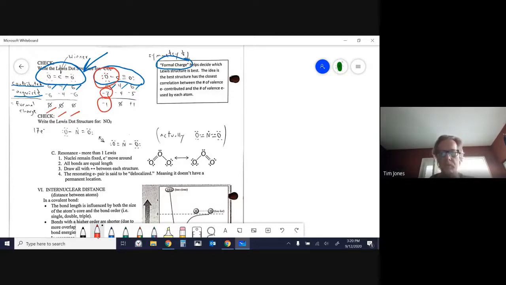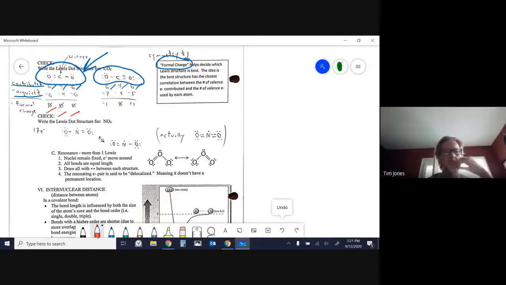Okay, now let's look at carbon. The carbon still is getting all of its electrons from the bonds, and half of the 8 electrons in the bonds is the minus 4, so it ends up as a 0.